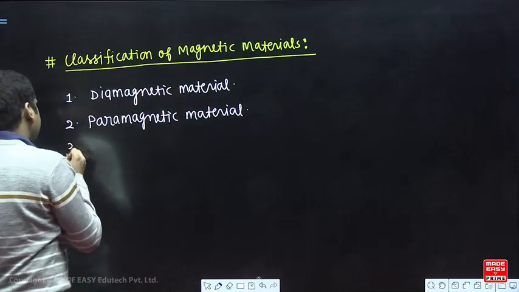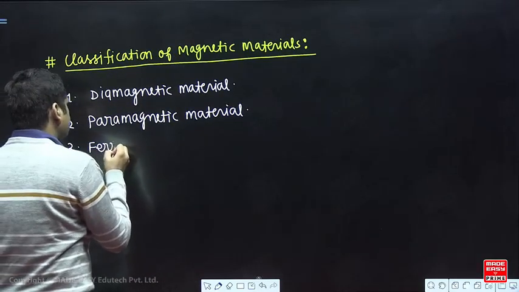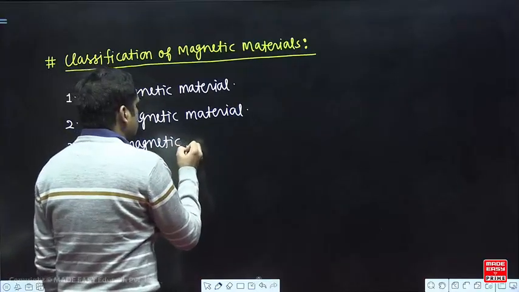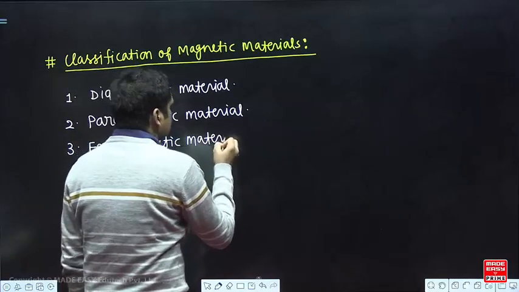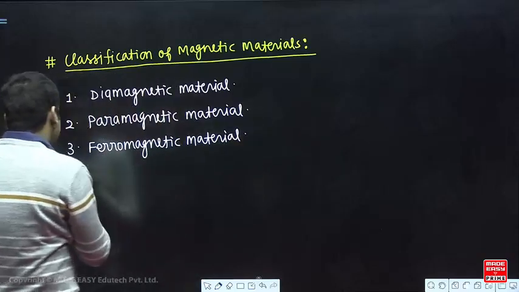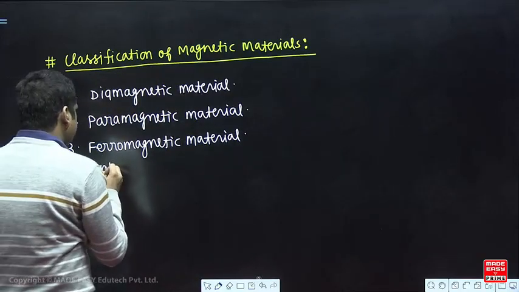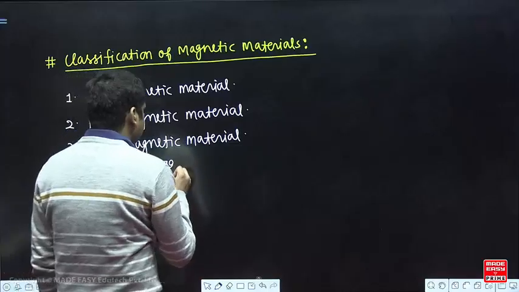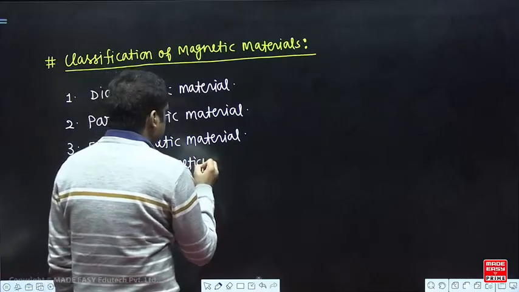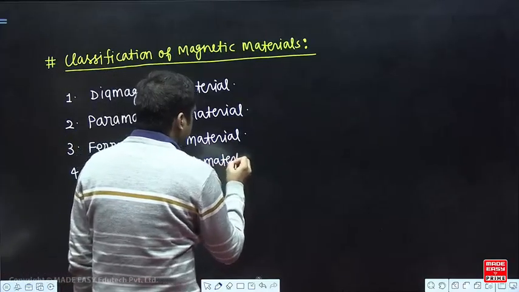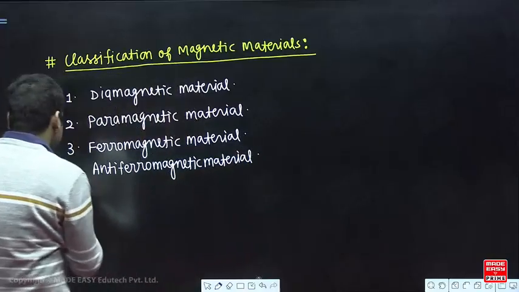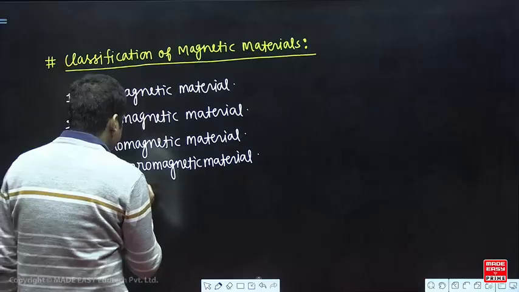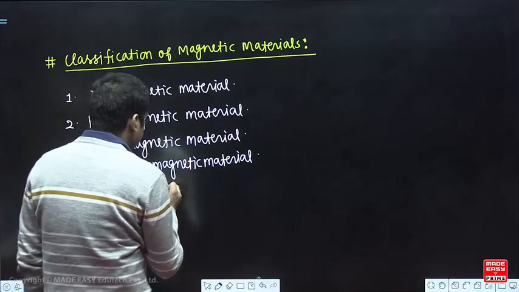Third one is ferromagnetic material. Fourth is antiferromagnetic material. And the fifth is ferrimagnetic material.